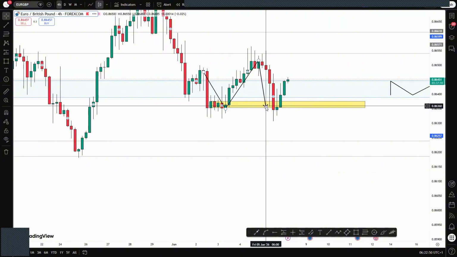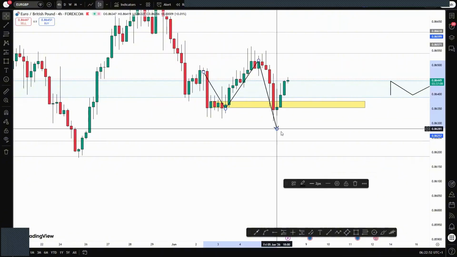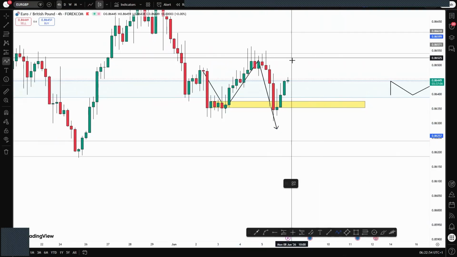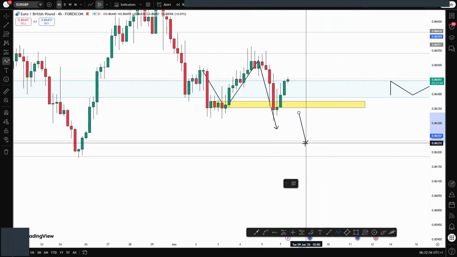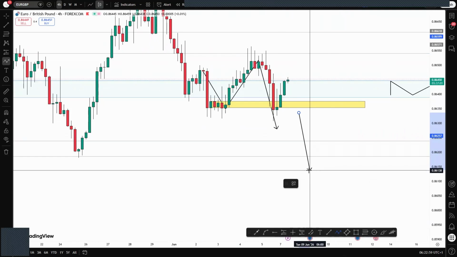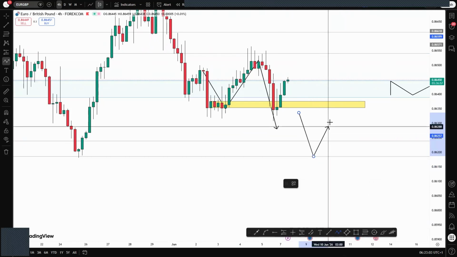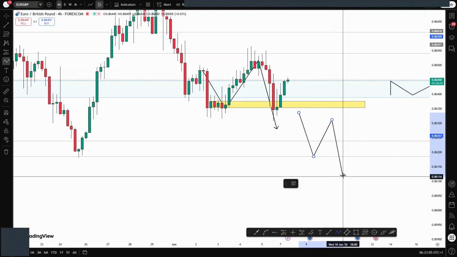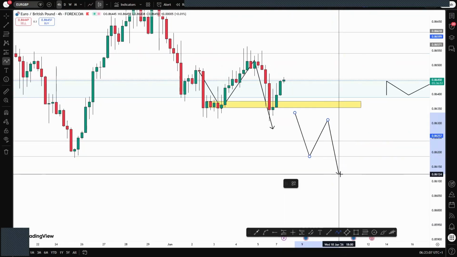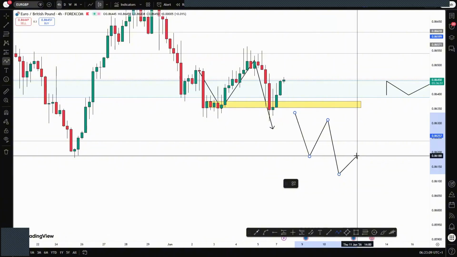And if price made the break, in the normal situation, when you see a break like this and price breaks below, you are waiting for a retest at this point, then you sell, right?